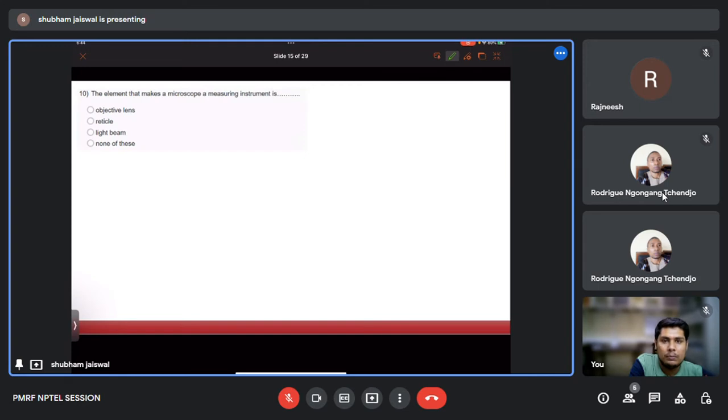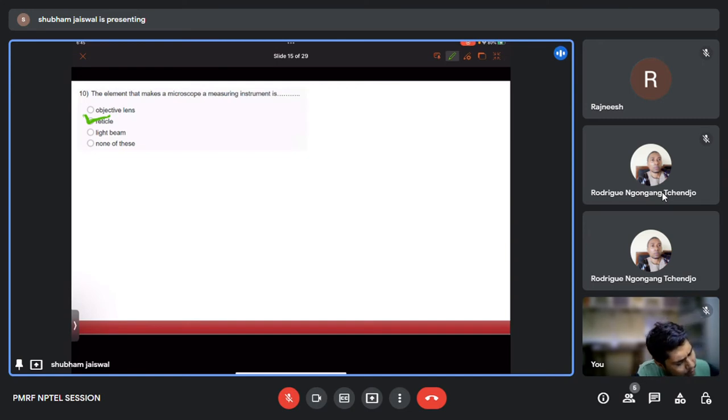Yeah, Mr. Roderick, you are right. The element is the reticle. Using the light beam, we can get the reflection or project it on the screen, and using the objective lens, we can get the magnification, but only the reticle.